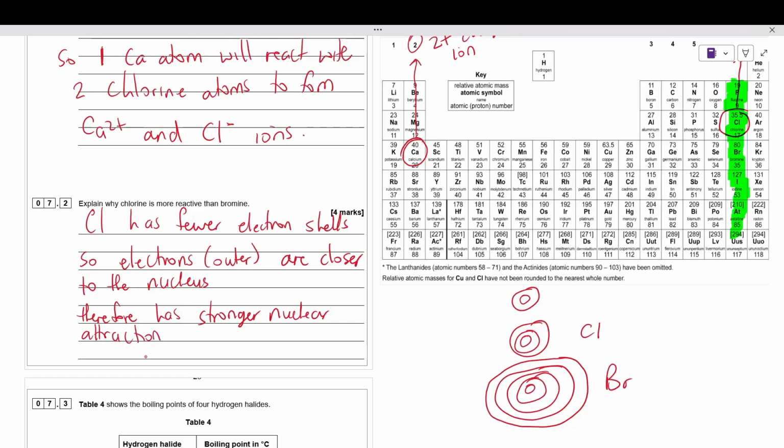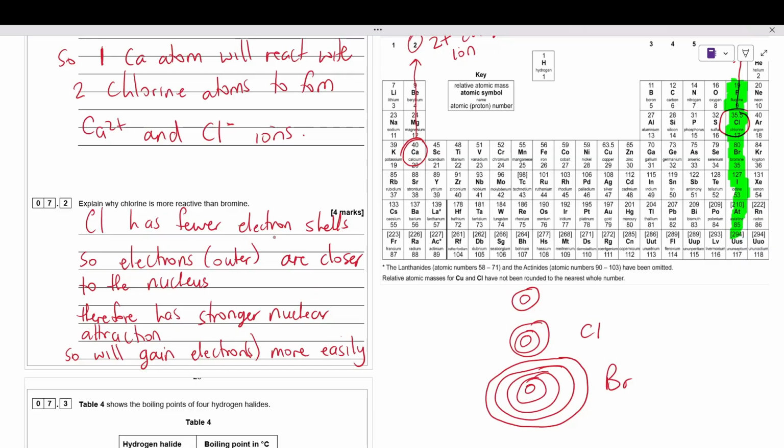And because of that stronger nuclear attraction, that leads us to the last point. So it's going to gain electron more easily. Can we say more easily? Yeah, we need to say the more there because it's comparative. Right, so it will gain it more easily than your bromine.